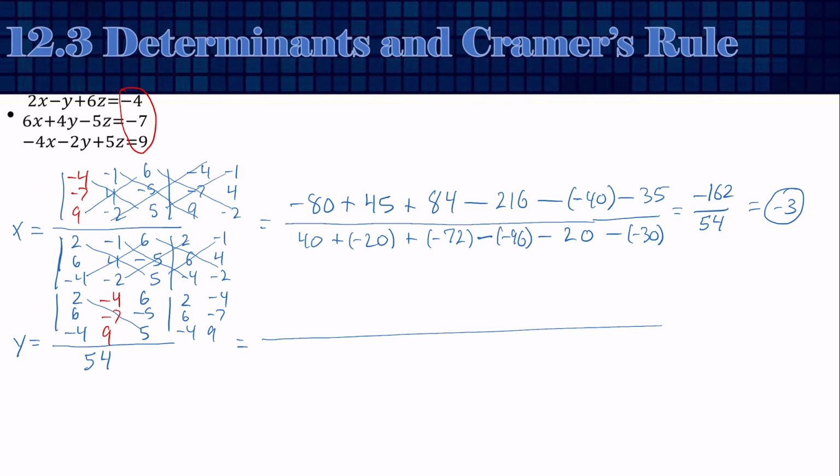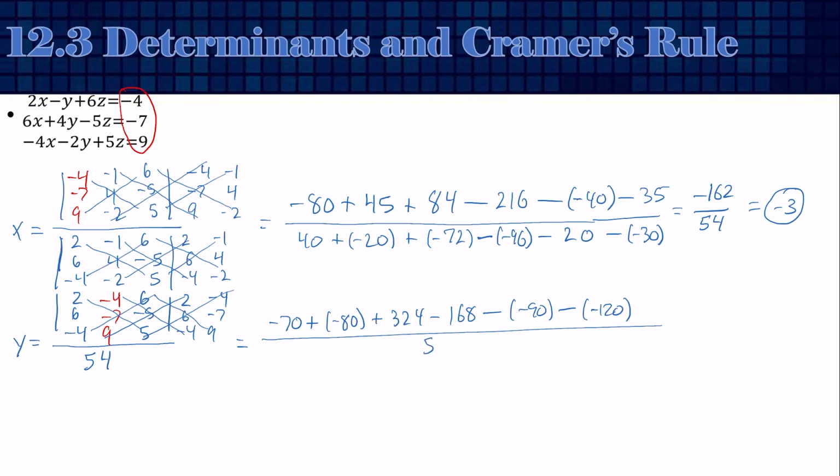We'll have 2 times -7 times 5, plus -4 times -5 times -4, plus 6 times 6 times 9, which is 324, minus, now going up, -4 times -7 times 6, which is 168, minus 9 times -5 times 2, which is -90, minus 5 times 6 times -4, which is -120.